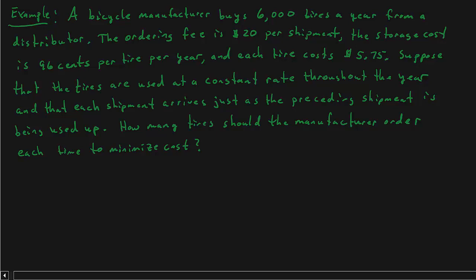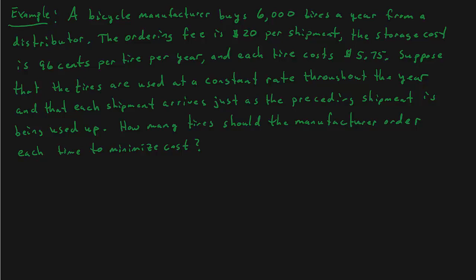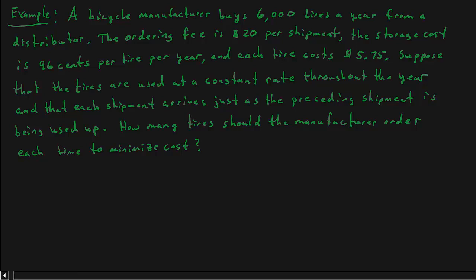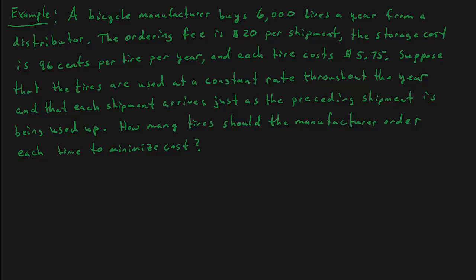The storage cost is 96 cents per tire per year. That's the storage cost. And each tire costs $5.75. Suppose that the tires are used at a constant rate throughout the year and that each shipment arrives just as the preceding shipment is being used up. How many tires should the manufacturer order each time to minimize cost?